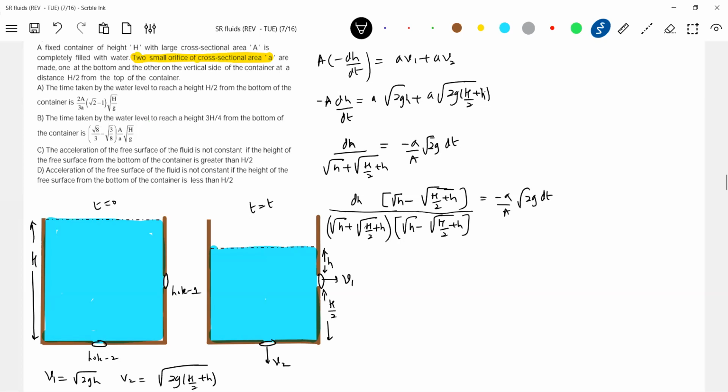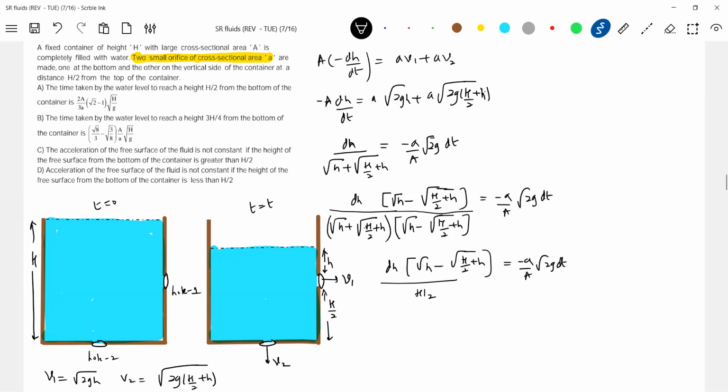Okay, dH, this will be H minus, this will be only H by 2. Okay, I think we are on the safer side now. Now this can be integrated very easily.